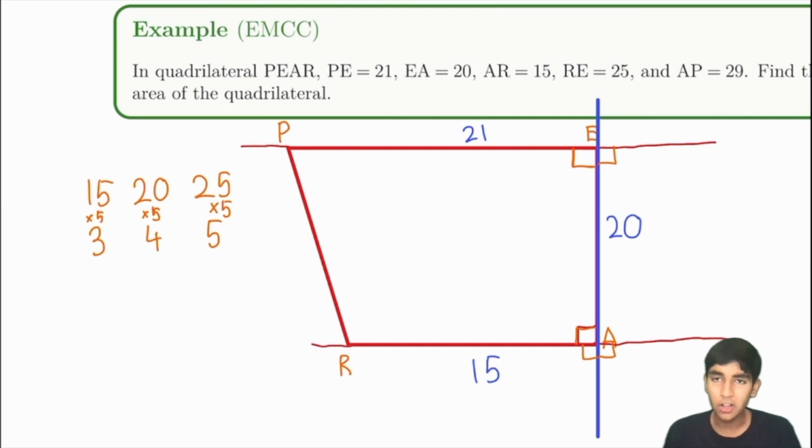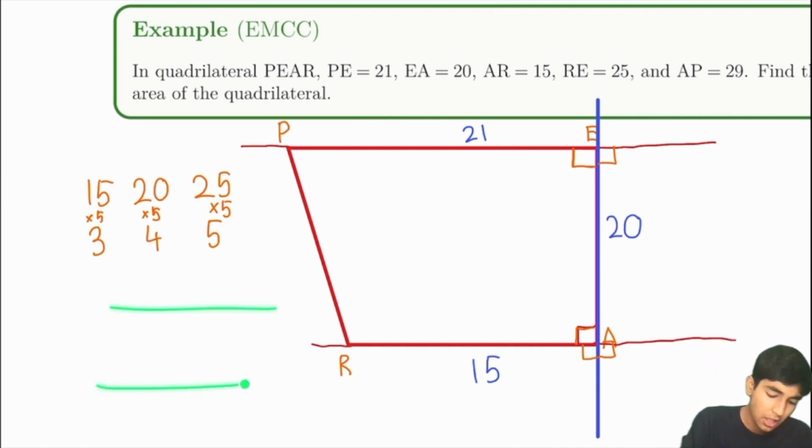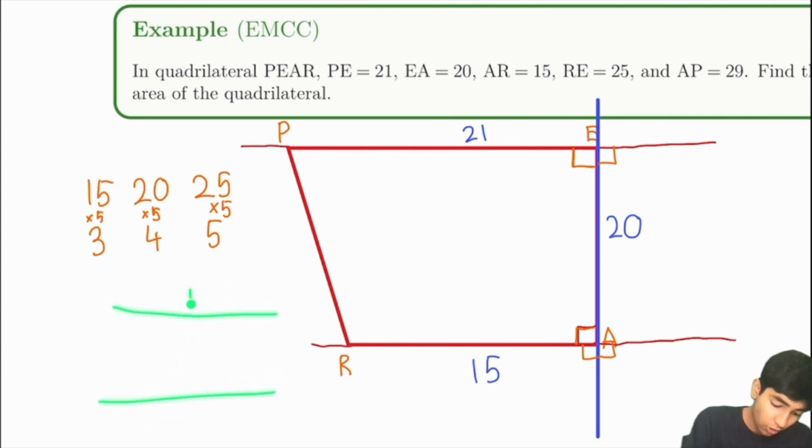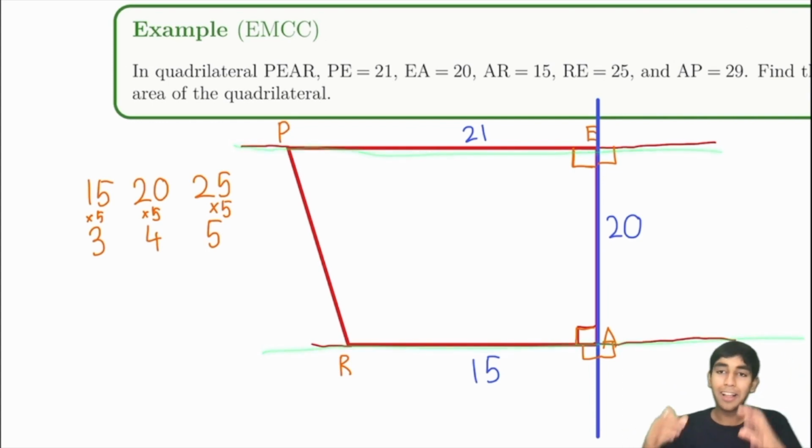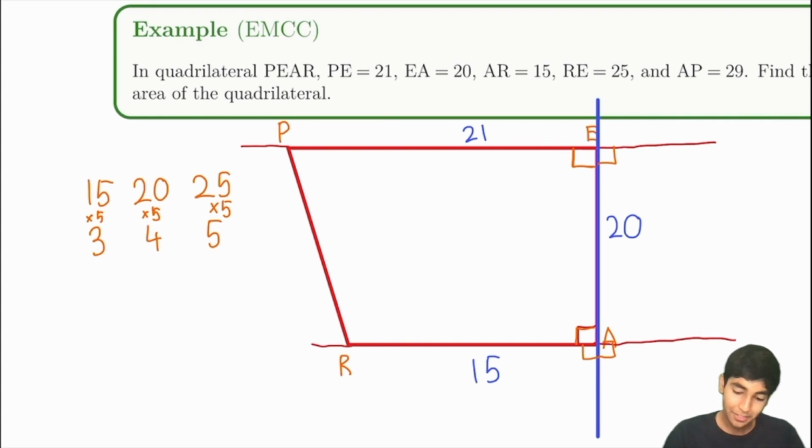That's corresponding angles. Remember, when parallel lines intersect, these angles are equal. In this case, those two angles are both 90. So what does that mean? That means these two lines are parallel. And if those two lines are parallel, what kind of quadrilateral is it then? It's a trapezoid because the two bases are parallel.